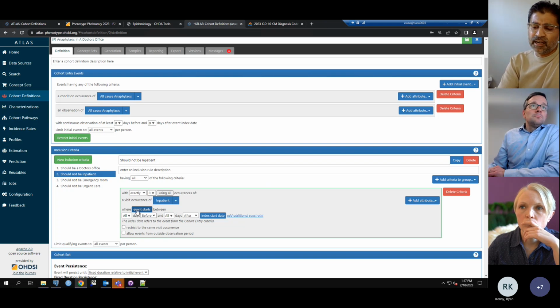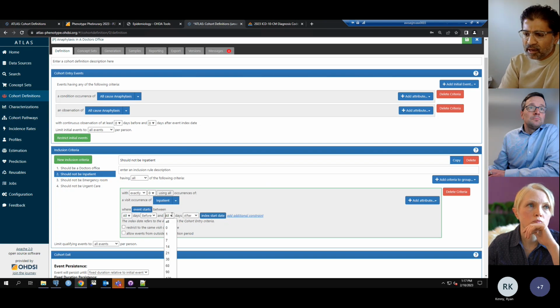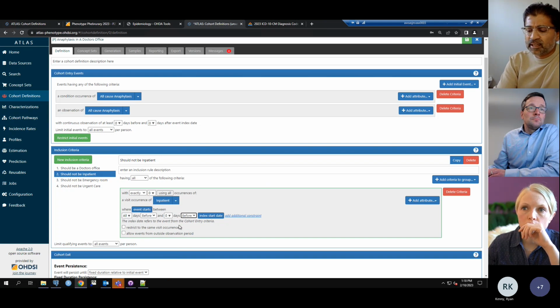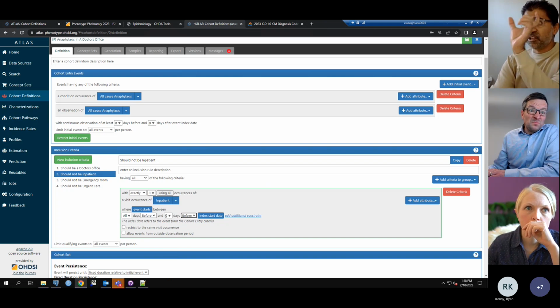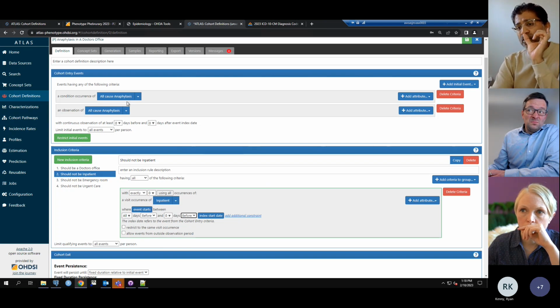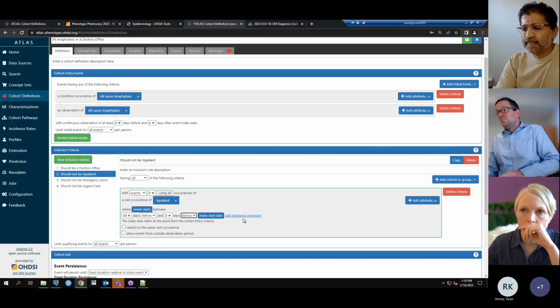So I'll say where inpatient starts all days before this date, and 0 days before. So I want to make sure that the inpatient start date and end date starts on or before this date.